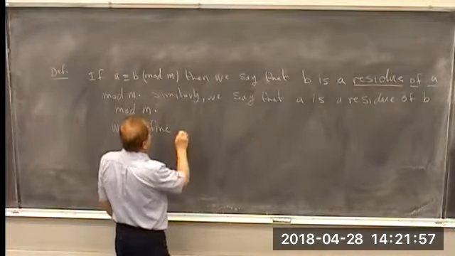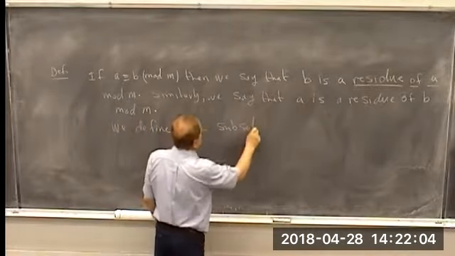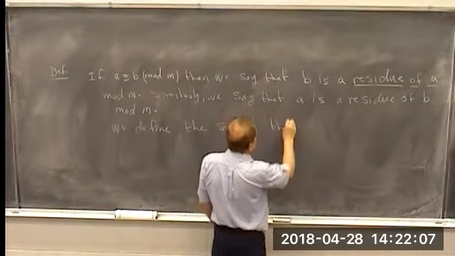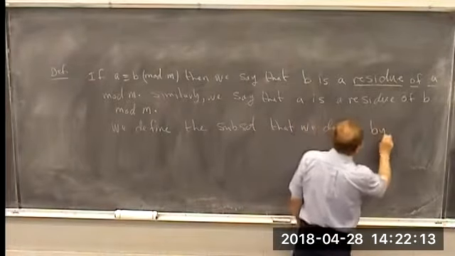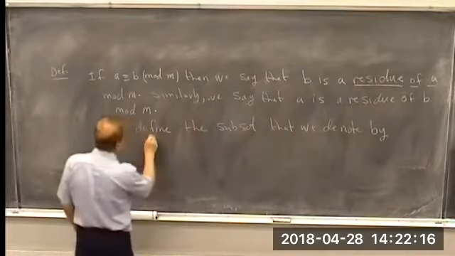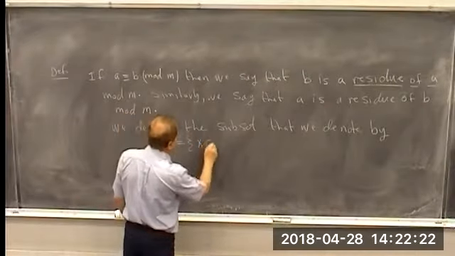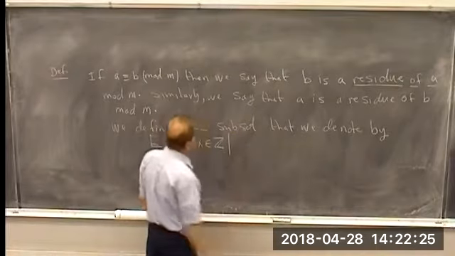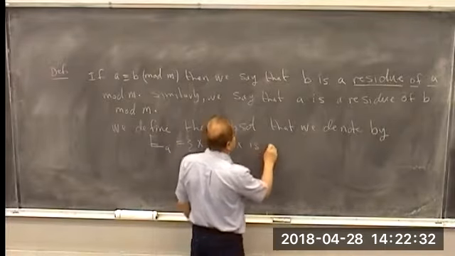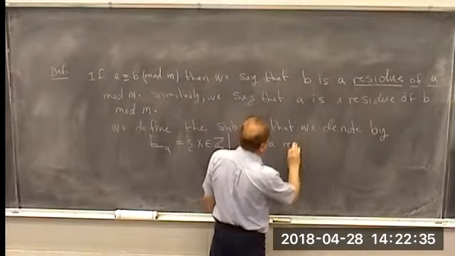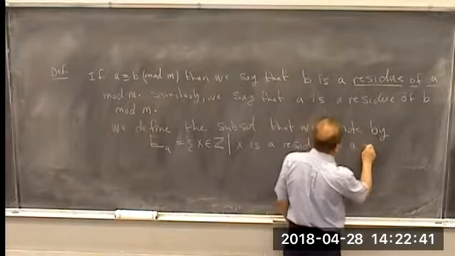Define the subset that we denote by E sub A to consist of all the integers x in Z such that x is a residue of A mod M.